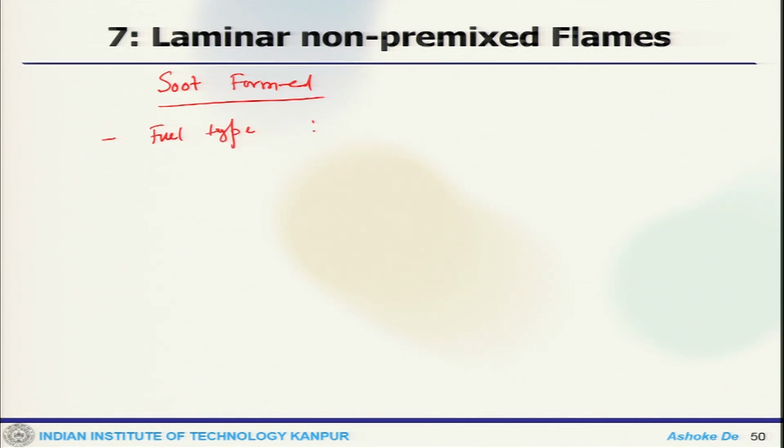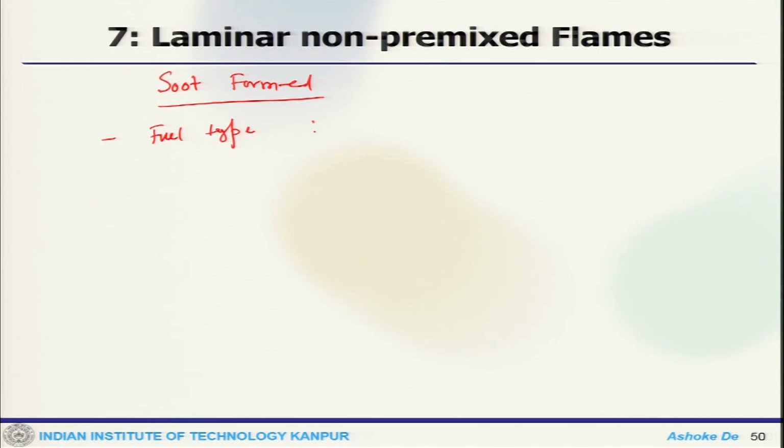Soot primarily happens when you burn hydrocarbon fuels. You get these soot particles, which are black particles. So it depends on the fuel type.